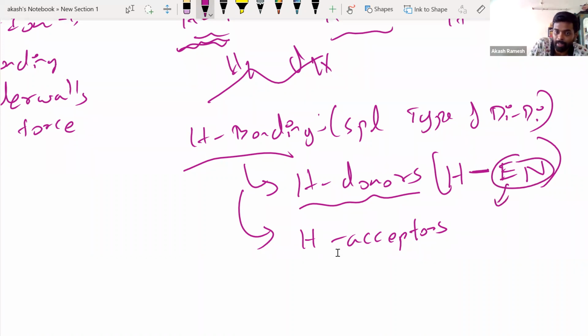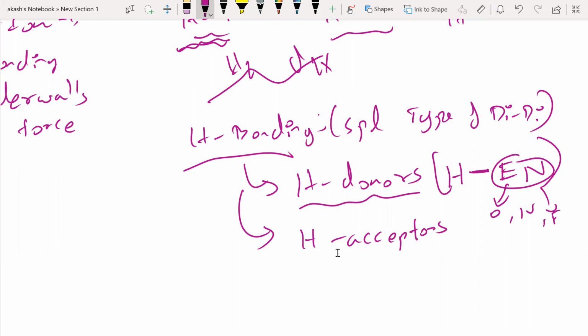The electronegative element can be oxygen, nitrogen, or fluorine. Only three. So if you find an OH bond, an NH bond or an FH bond, only those three types of bonds are capable of involving in hydrogen bonding.